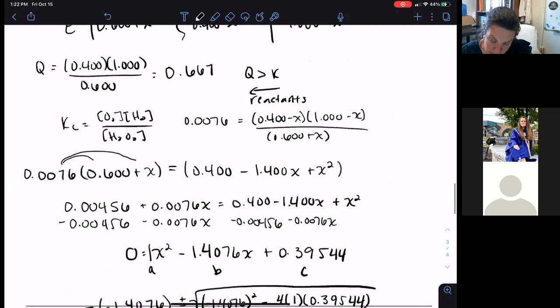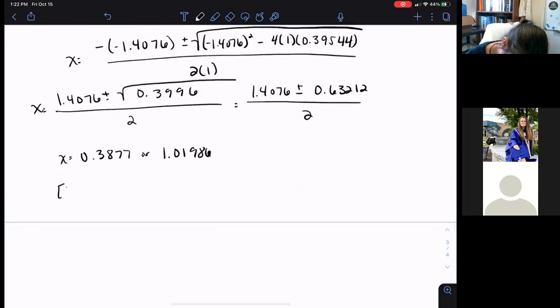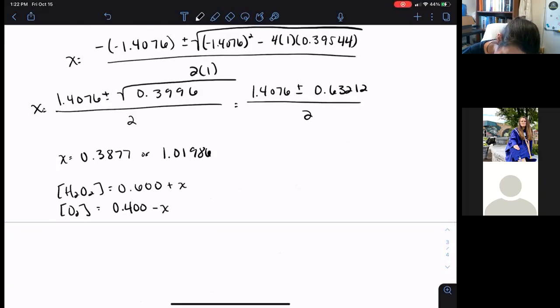Now, we have to go back to here. So we have our concentration of H2O2 equivalent to 0.600 plus X, our O2 concentration equivalent to 0.400 minus X, and our H2 concentration equivalent to 1.000 minus X. We can see that this one right here, if we subtracted it from either the O2 concentration or the H2 concentration, we would get negative concentration.